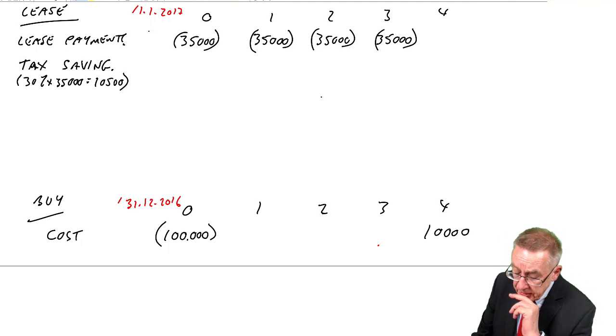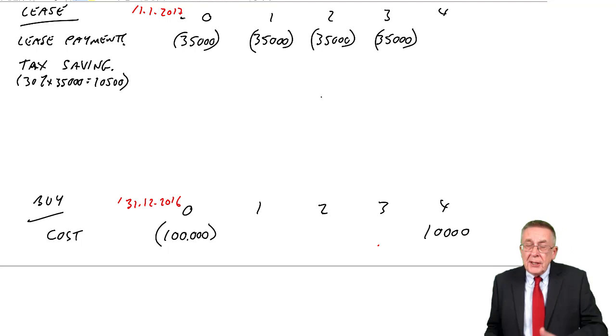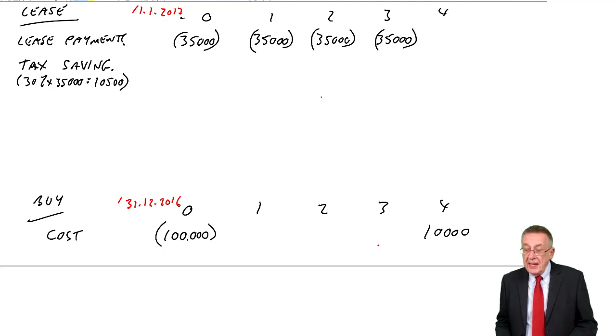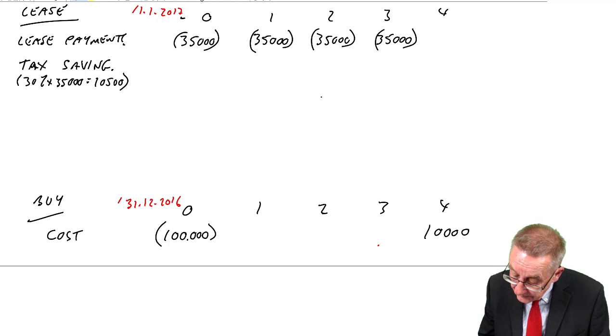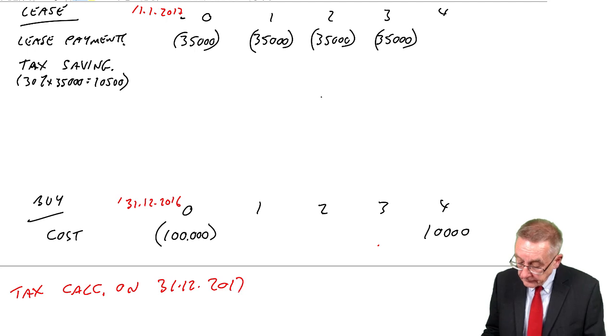So surely the way tax works, if the first lease payment is the 1st of January 2017, they'll calculate our tax bill at the end of the accounting period. So the tax would be calculated on the 31st of December 2017.